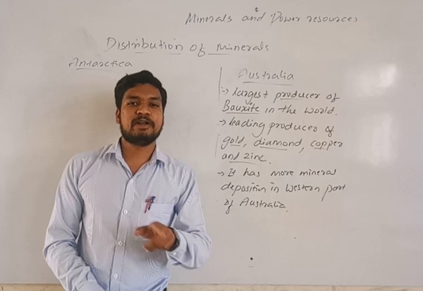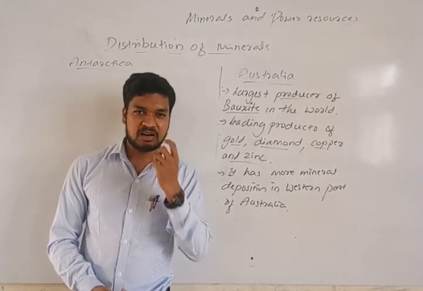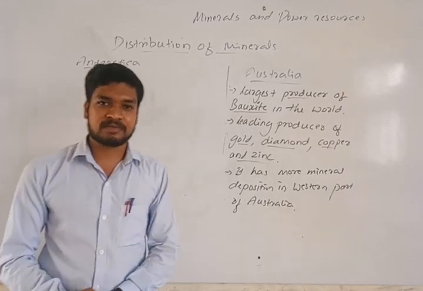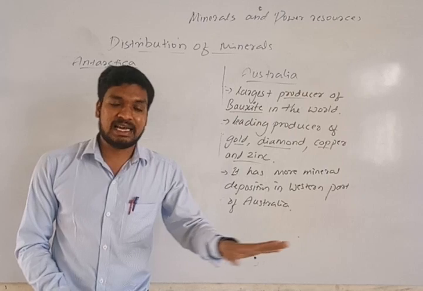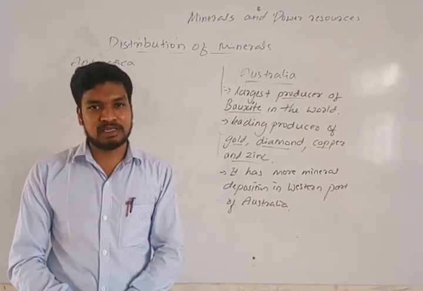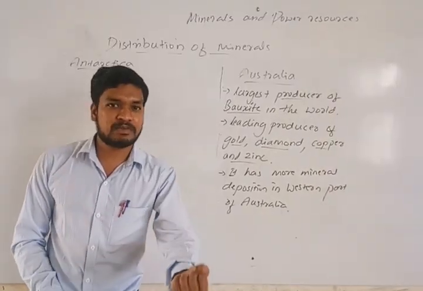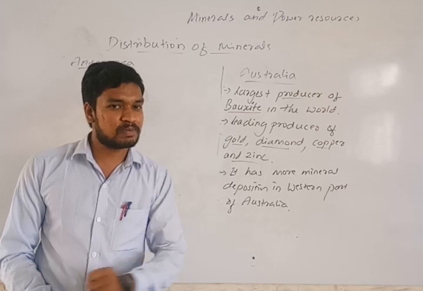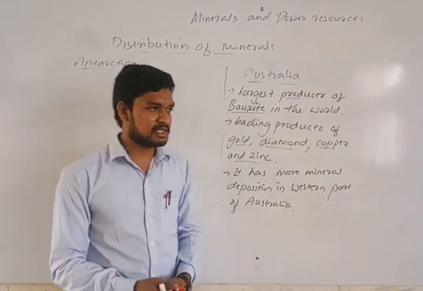According to the geographers, there is some deposition of minerals and some important minerals are found, but not in every place are they extracted. Only in some places did they get information, they made research on that, and they got information about the deposition of minerals in particular places, but not everywhere, because we cannot reach everywhere. That's the reason.